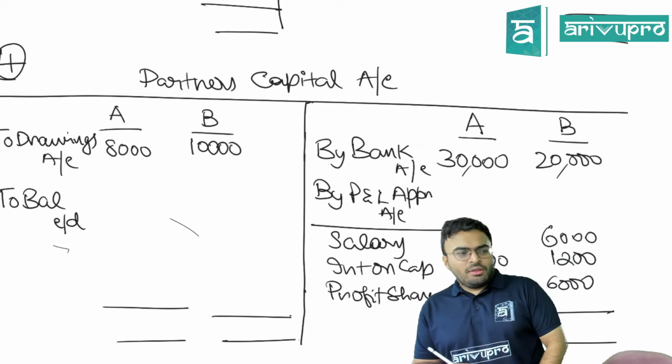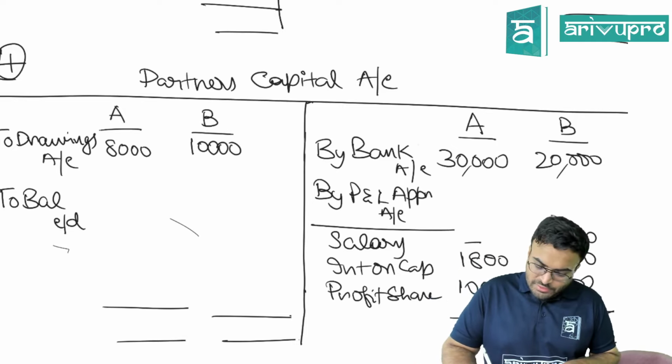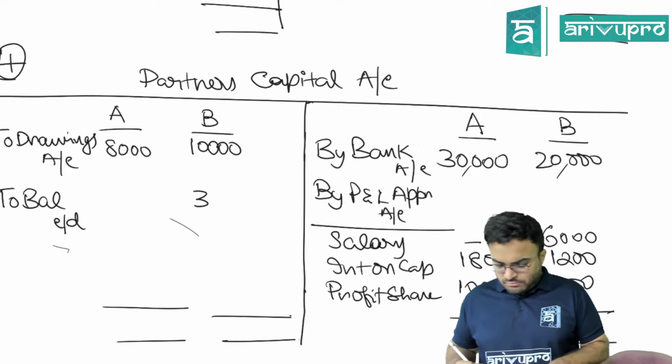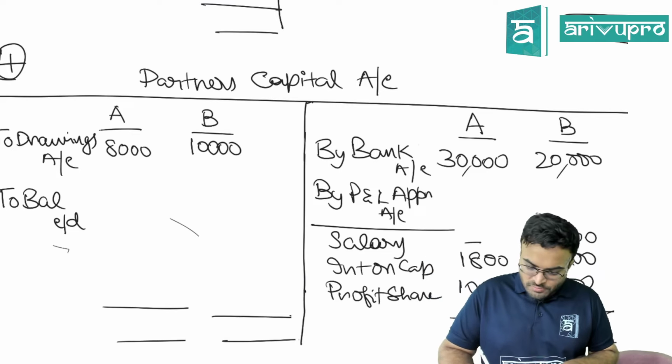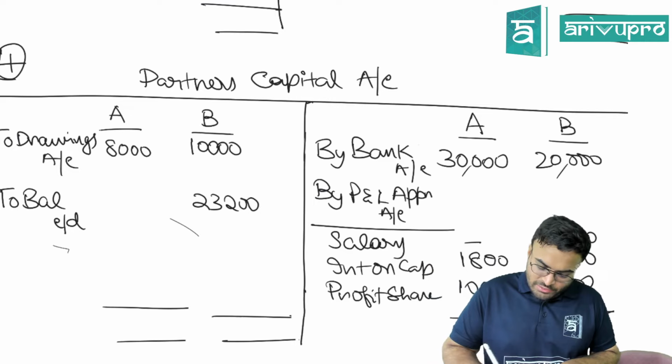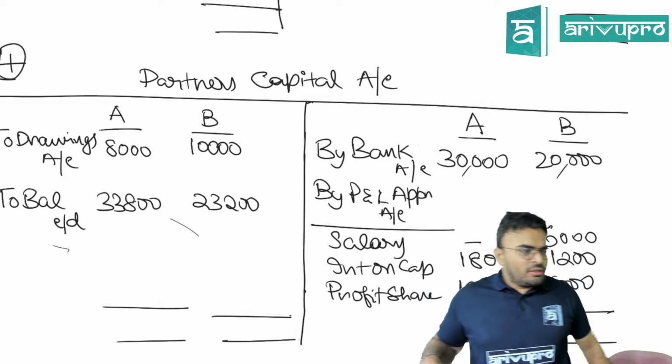Yes, tell me. 33,000 for B, 23,200 and 33,800 for A. This is your partners capital account.